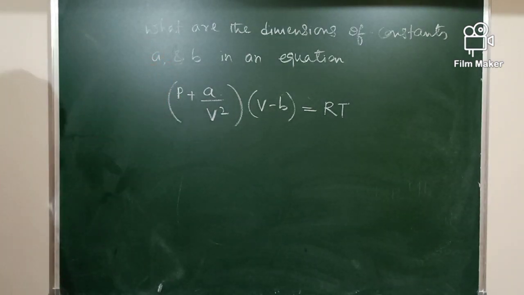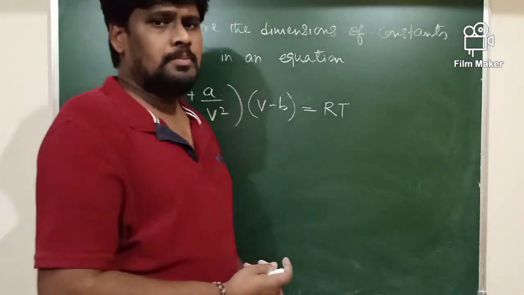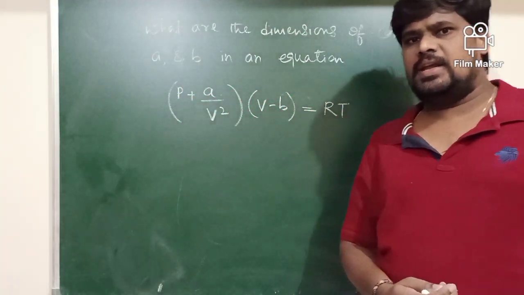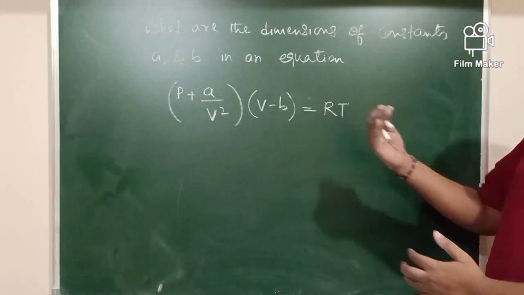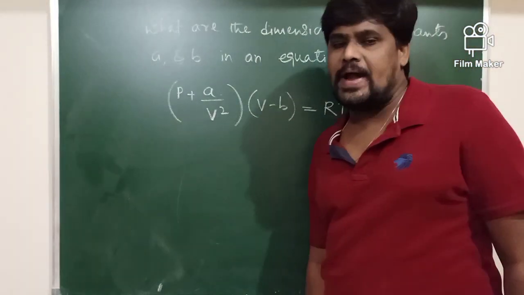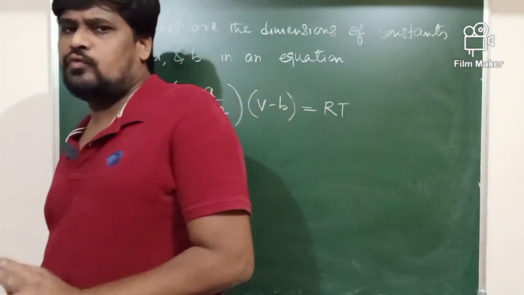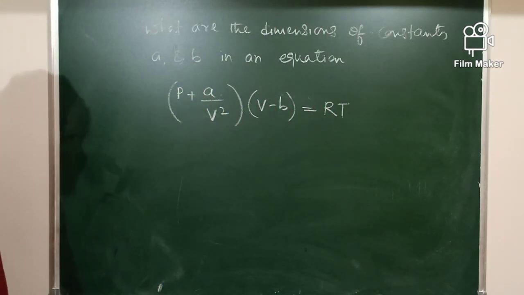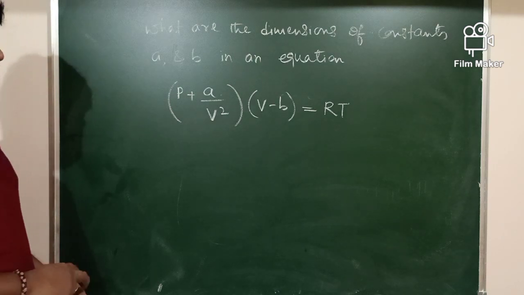A and B are the constants. In this equation, they are asking you to find the dimensional formula of the constants A and B. How do you solve it? Very simple.